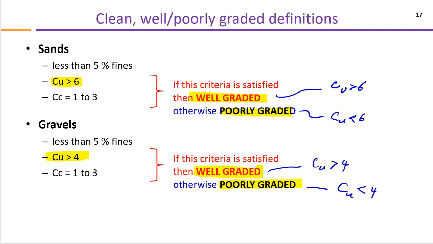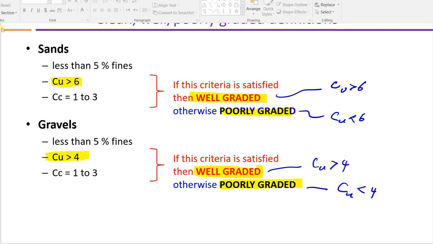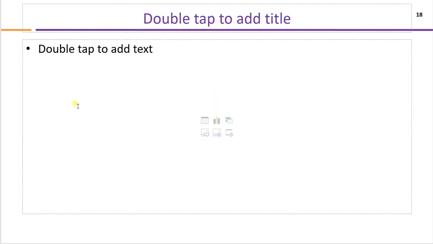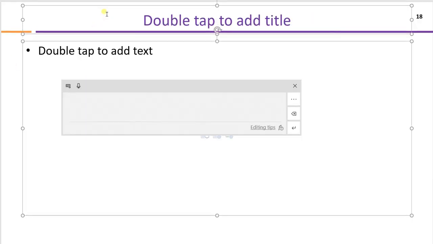Okay, now I'm going to summarize first the coarse grained soils, those groups, and then the fine grained soils, and then we are going to look at the table. Okay, let me insert a slide here. So let's first talk about the coarse grained soil.